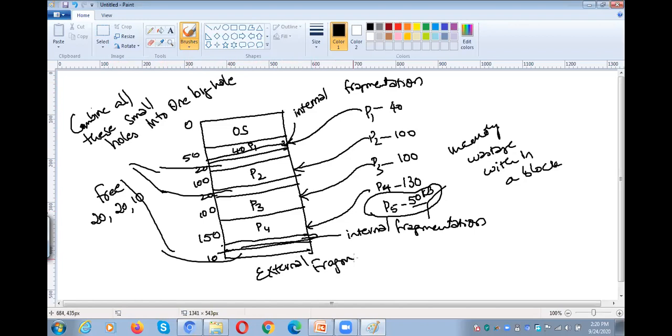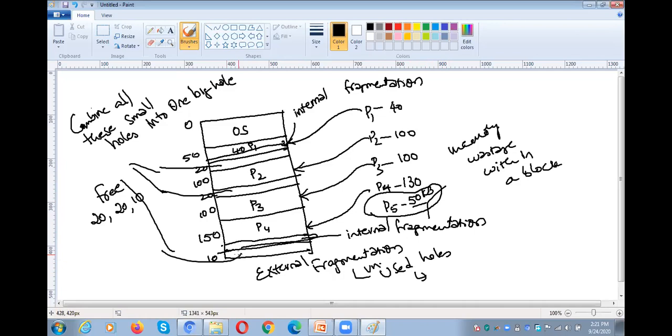So what is external fragmentation? External fragmentations are unused holes, which means there are some small partitions that are not useful for any process. Why? Because they are small holes, 20, 20, 10. Such a small process might not come into the main memory usually.